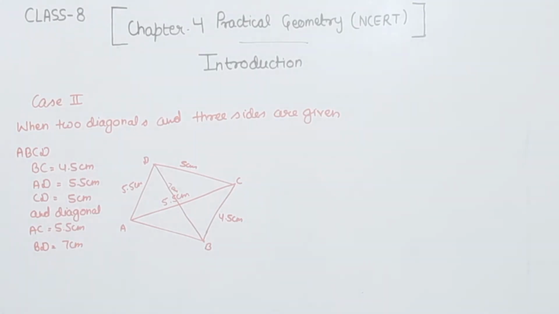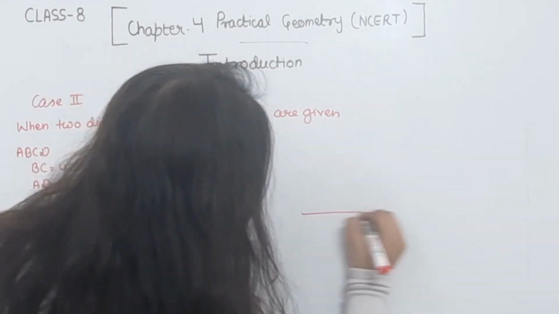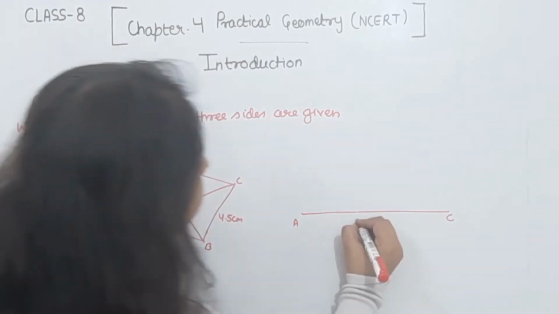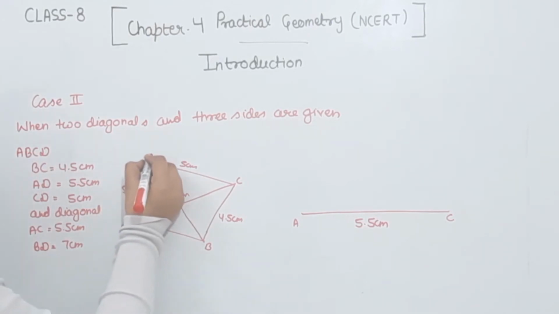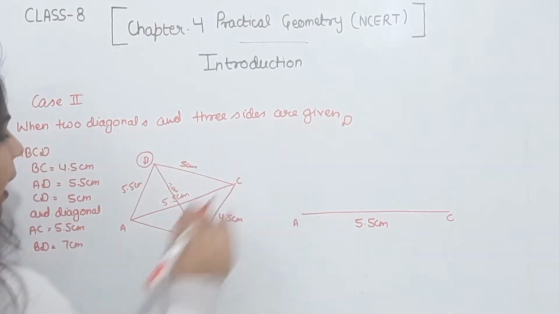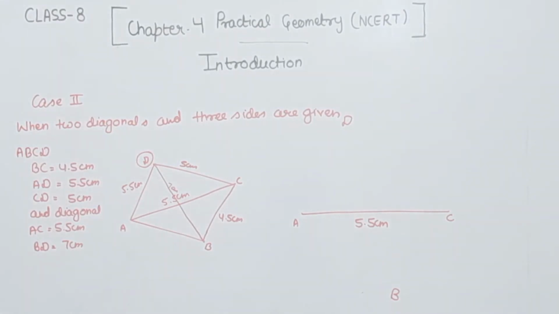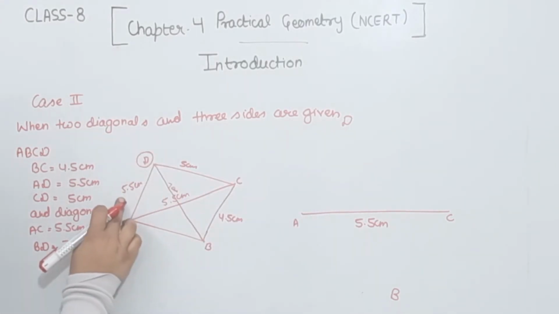First of all, I am going to take this AC as the base. So this is the AC line segment we are having as 5.5 centimeters. Then we have to take point D here and the B point on the downward side. So we are going to take AD as 5.5 centimeters.